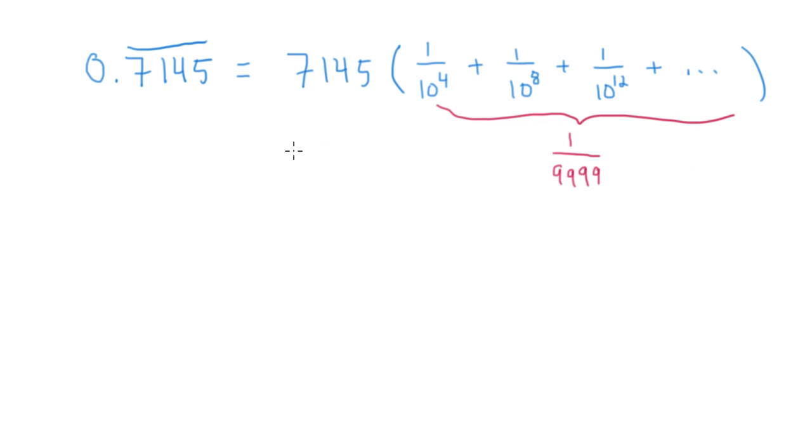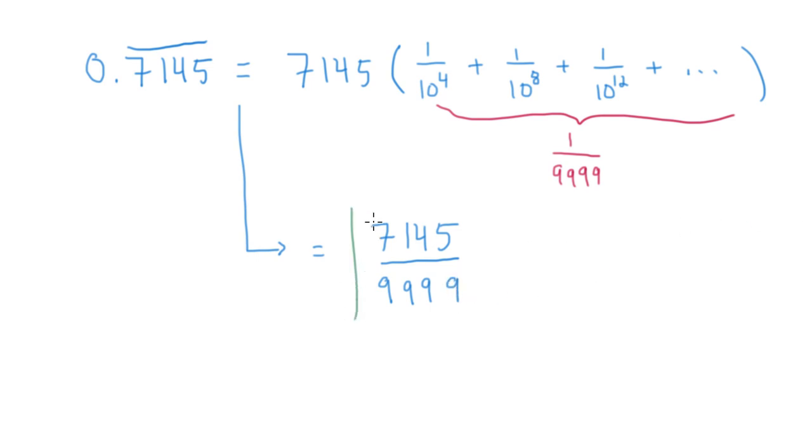But now we see what the fraction is. So what is this equal to? Well, 7,145 times 1 over 9,999 is 7,145 divided by 9,999.